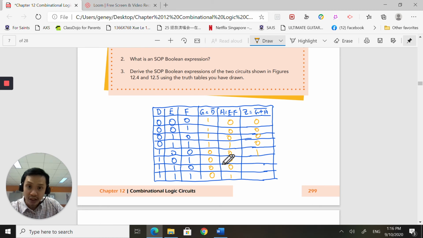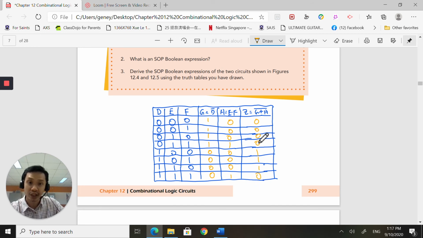Same thing, OR is supposed to be 0, but it's NOR, so it's a 1. And this one, ordinarily OR would be a 1, but since it's NOR, it is 0. I hope I didn't confuse you with that. Go and check out the NOR gate truth table if you're unsure of this.